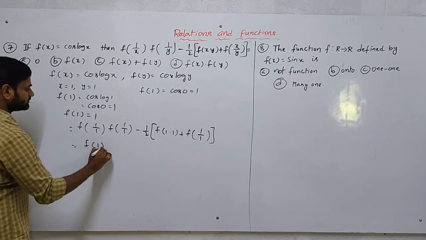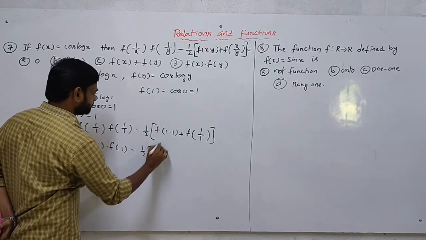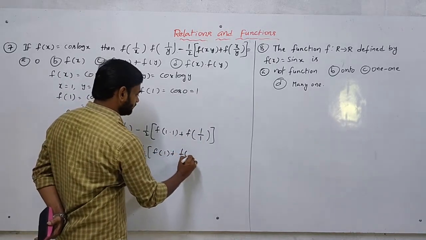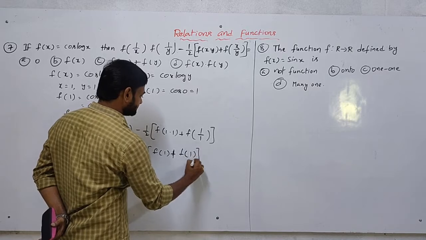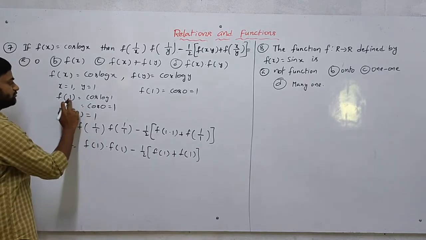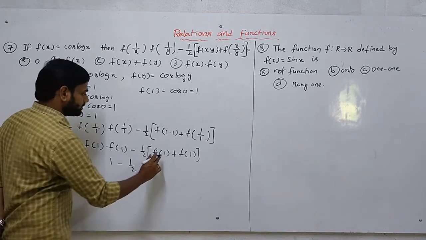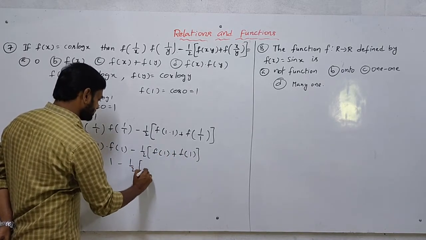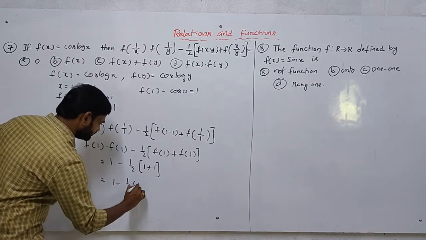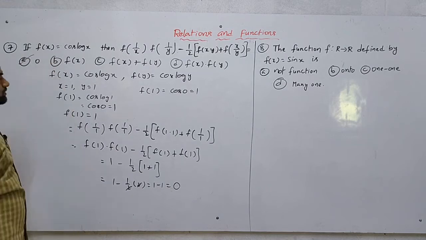That is f(1)·f(1) − 1/2 [f(1) + f(1)]. Now the f(1) value is 1, so 1·1 is 1, minus 1/2 into (1 plus 1), that is 2. The 2s get cancelled, 1 minus 1 is 0. Option is A.